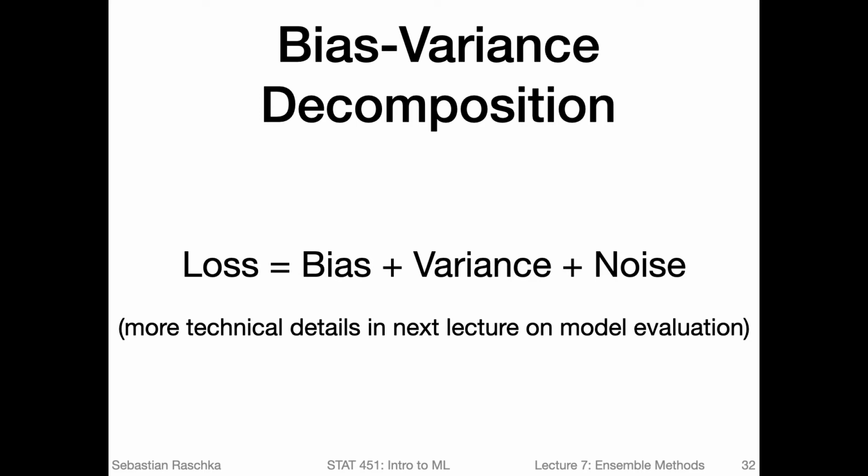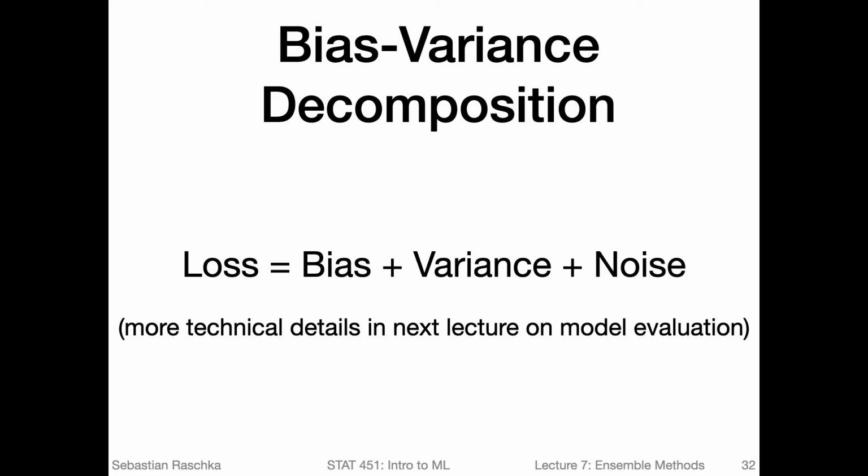We will revisit the Bias-Variance Decomposition later in the model evaluation lectures, but here it's just a small teaser. The Bias-Variance Decomposition is somewhat related to overfitting and underfitting, and we will later discuss in what ways they are related.